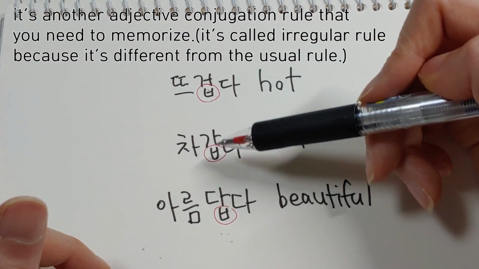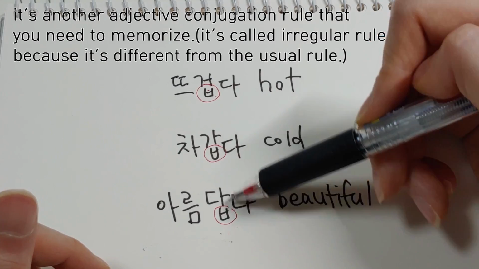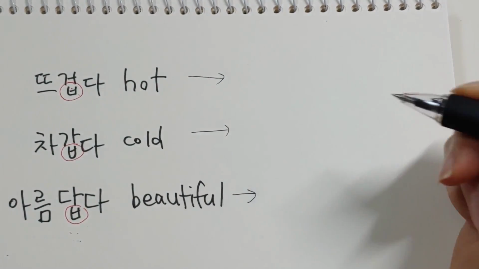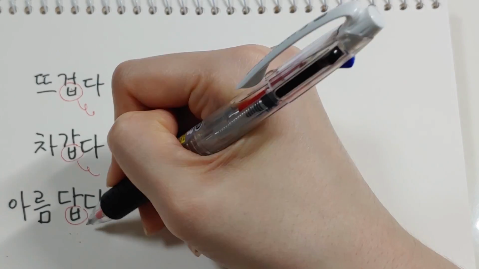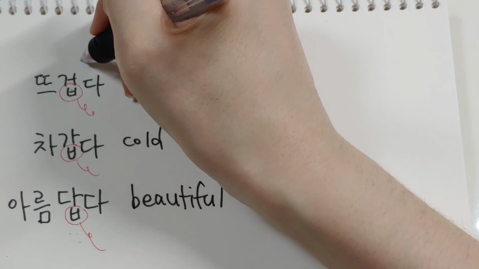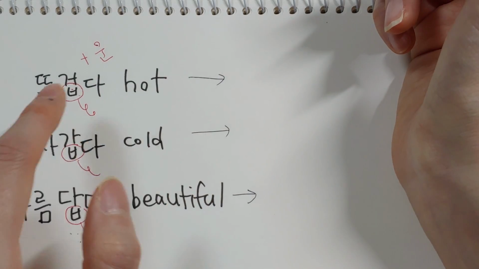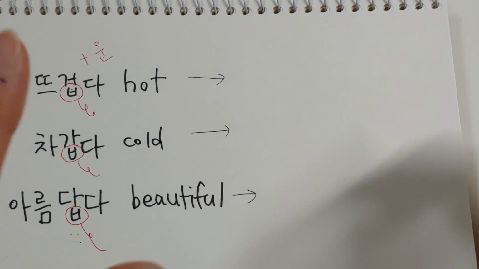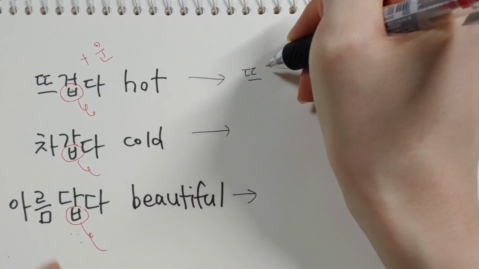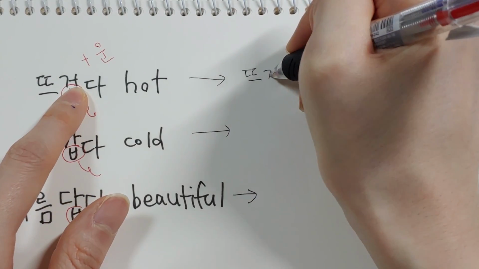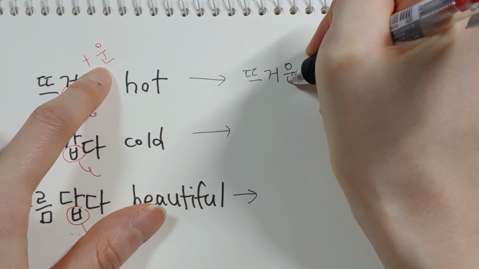So when the stem of the adjective ends with 비읍 받침, when you conjugate it to a modifying adjective, you remove 비읍 and then put 운. So when 뜨겁다 becomes a modifying adjective, it becomes 뜨거, right? Because 비읍 is removed. 뜨거운.